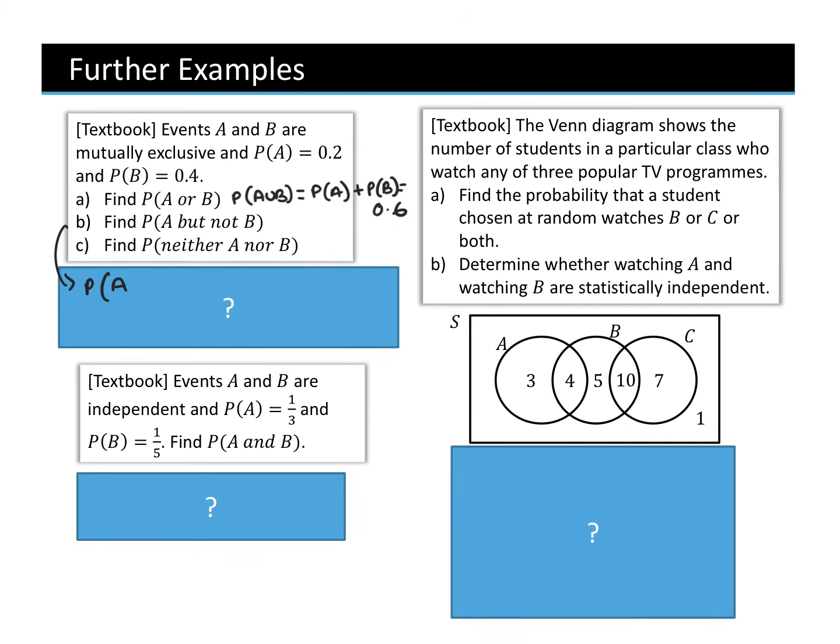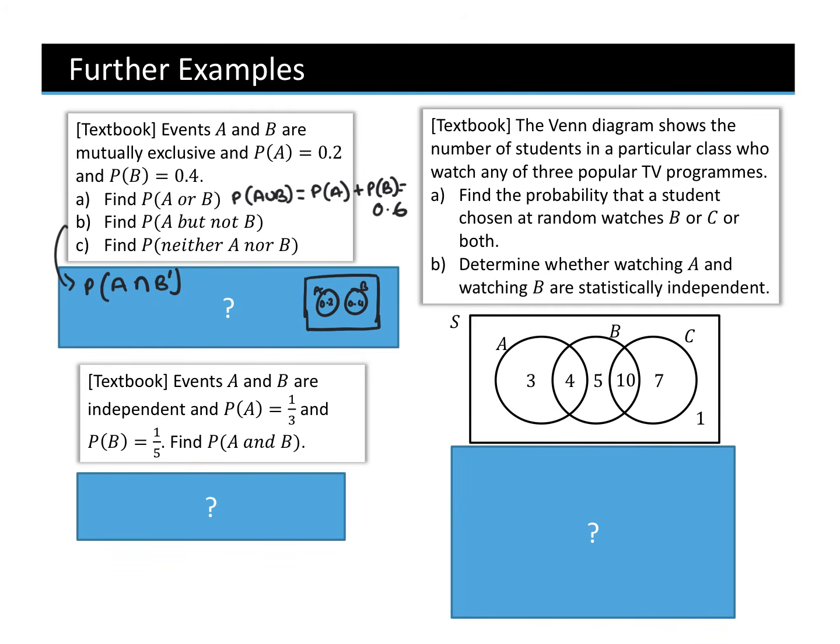Find the probability of A but not B, so A intersection B dash. How are we going to find that probability? Now, when in doubt, draw it out. If you were to draw a quick Venn diagram, you're going to have your A, your B. They're mutually exclusive, so this is 0.2, 0.4.